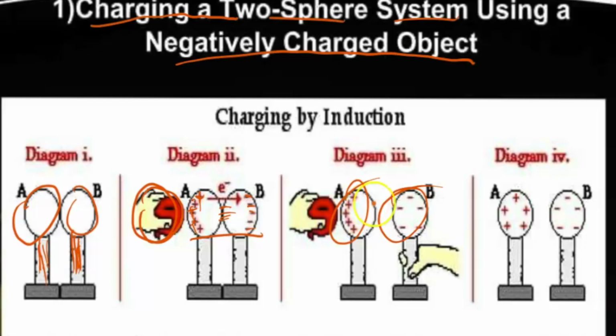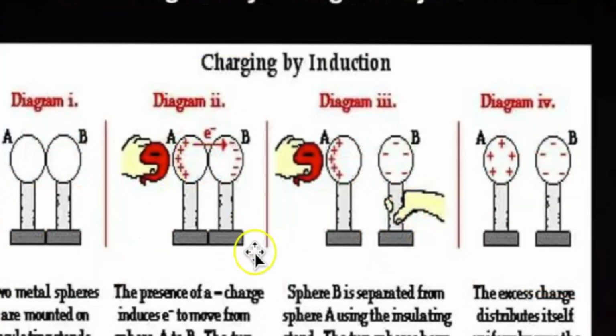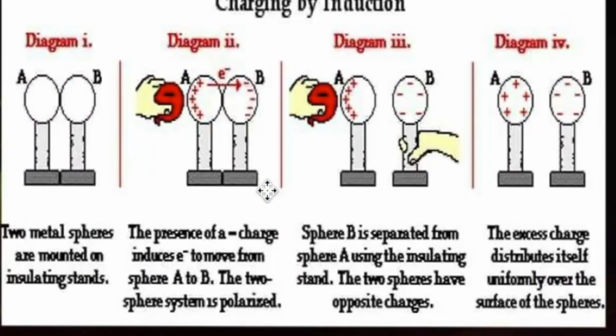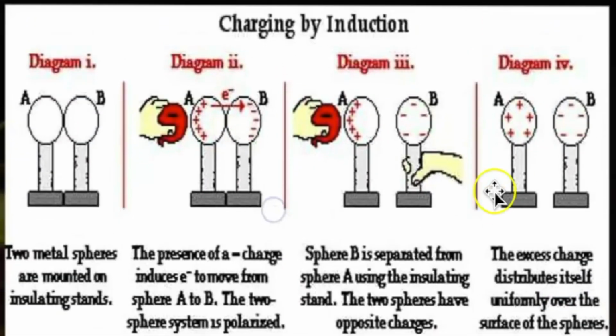Now, I want to get independent positive and negative charges. What do you have to do? Look at the fourth picture. Can you imagine how we can do that?